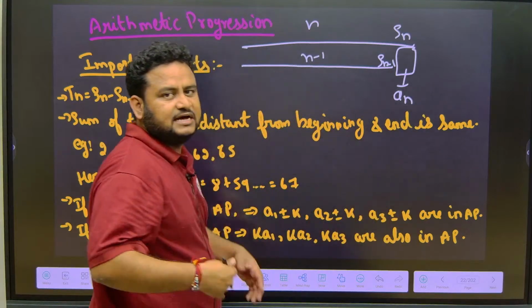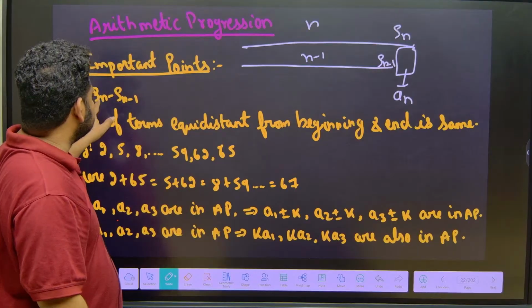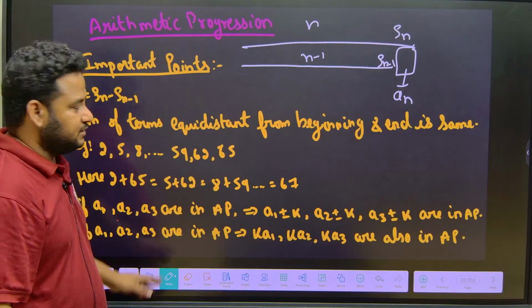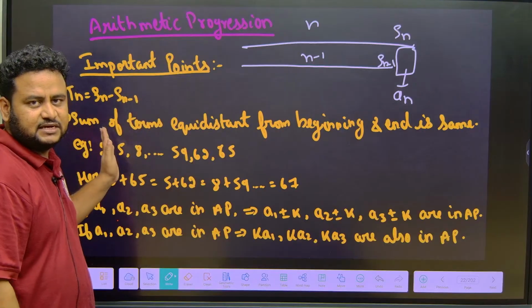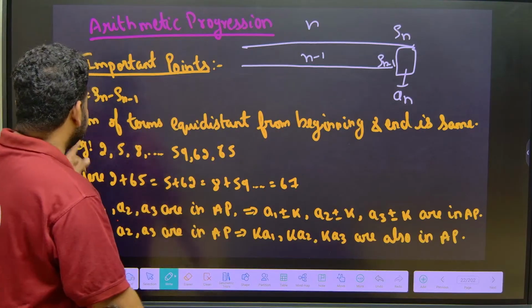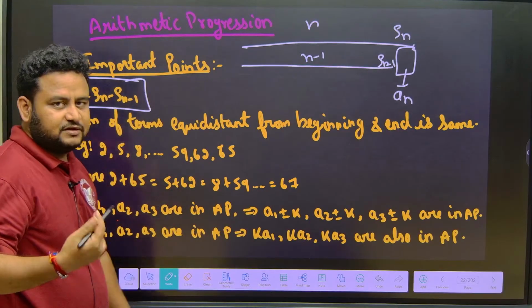That is nothing but Tn. So Tn is equal to Sn minus S(n minus 1). This is a very important property which you have to remember. Definitely it will be useful in various questions.